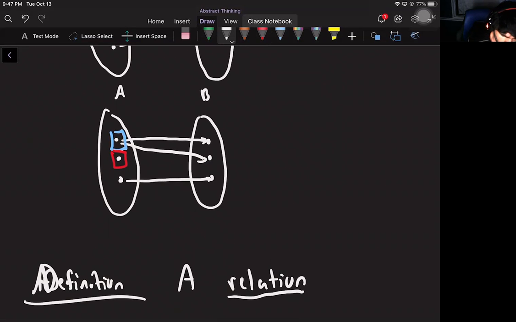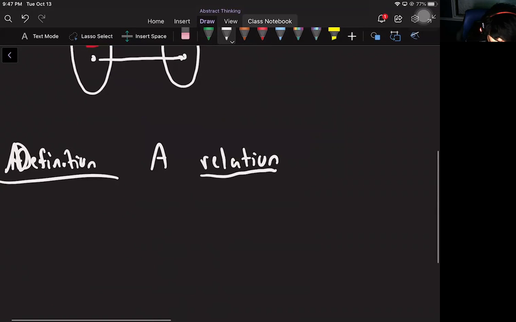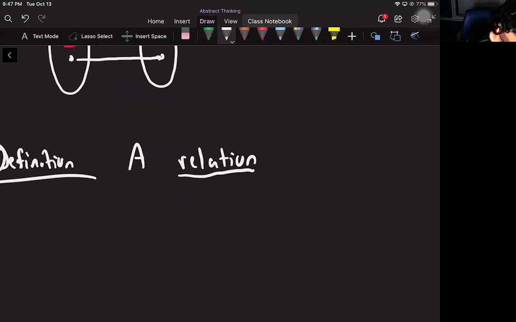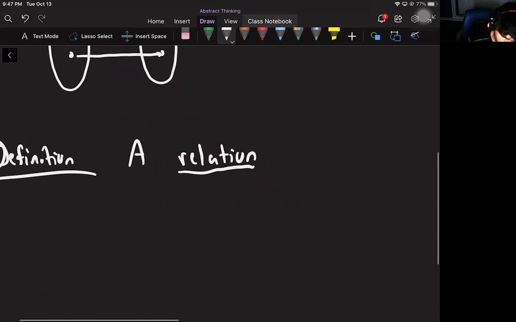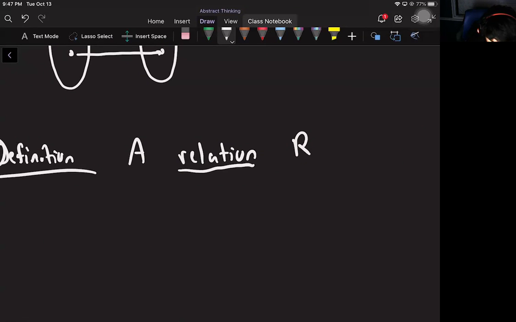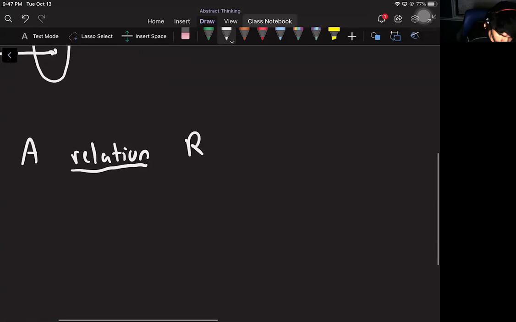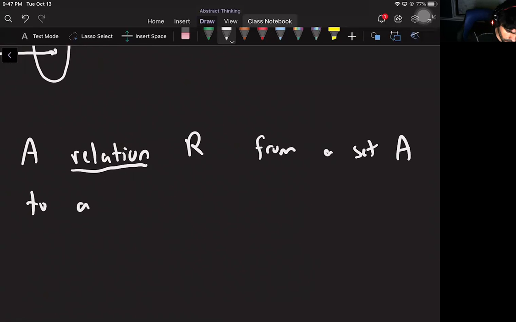So the dots that are connected are related, the dots that are not connected are not related. So a relation, instead of a function, we're going to denote with a capital R from a set A to a set B.